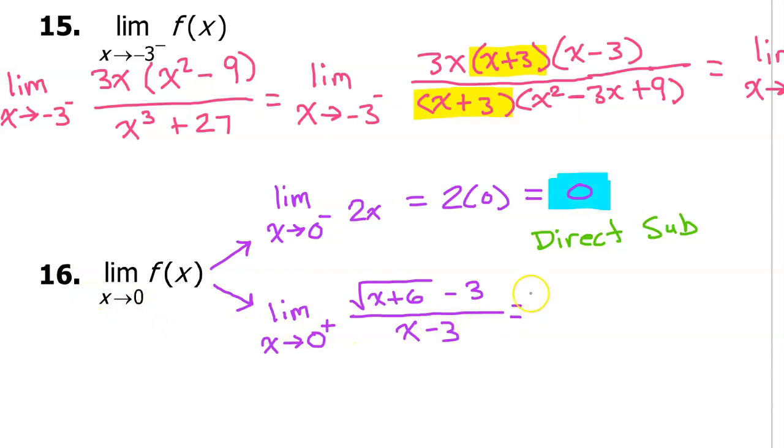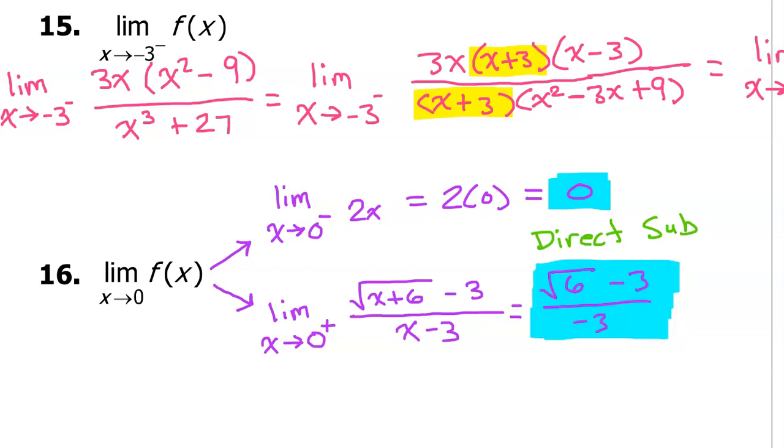Let's see if we can use direct substitution again to find the limit as x approaches 0 from the right. So as x approaches 0, let's replace x with 0. So that's just going to give me the square root of 6 minus 3 in the numerator. And in the denominator, that's going to give me -3.